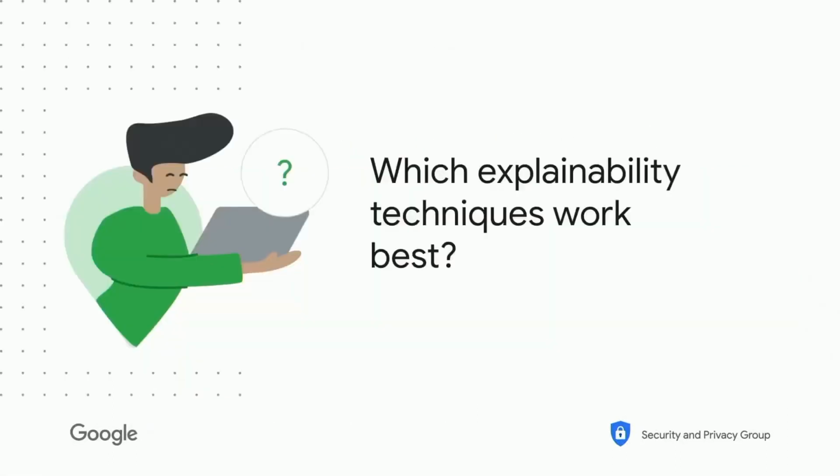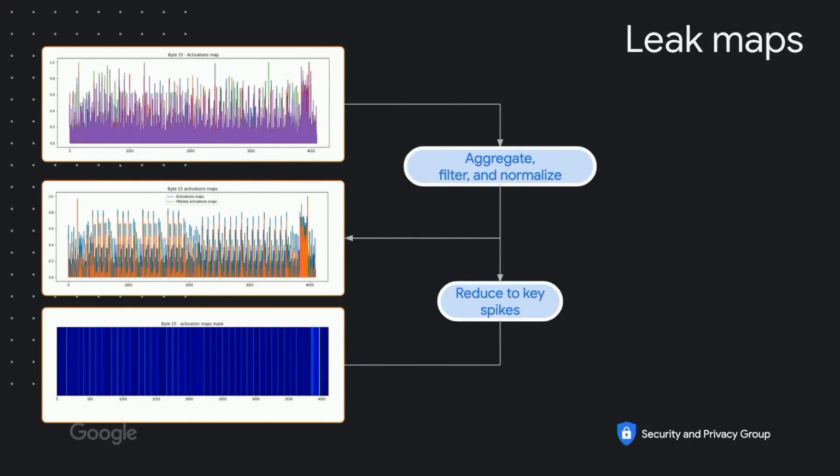So now that we know there are a ton of techniques, the question is, how do we choose the best one for our job, right? And the answer is we have to benchmark them. The way we benchmark them is we take every explanation we get for all the traces. We use, I don't know, 4, 5, 6,000 traces, and for each of them we explain them. So we create a collection of them, as you can see on the top left of the slide.